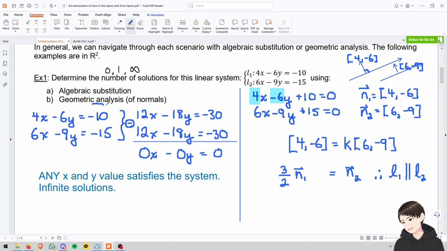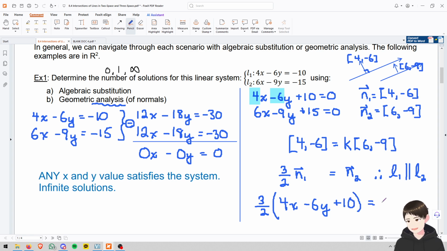There is an analysis right there using just the normals. I haven't fully completed it yet, but now we test. If this is true, how about I take 3/2 and multiply with 4x minus 6y plus 10. Do I get the same thing?